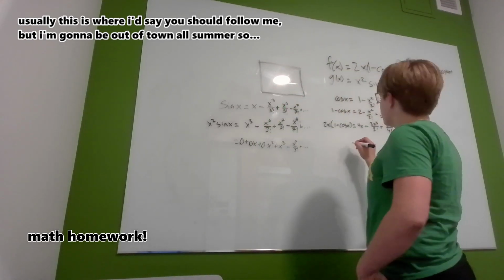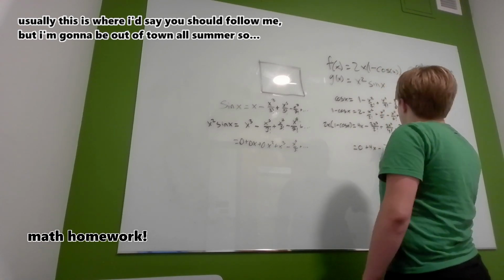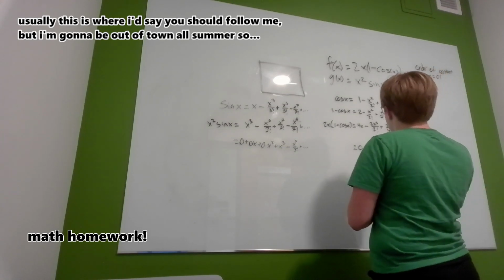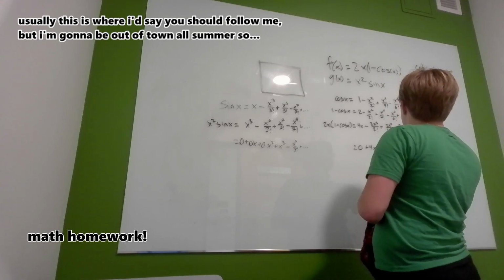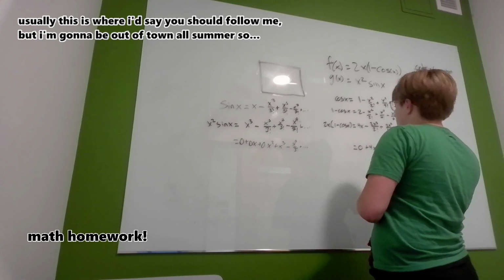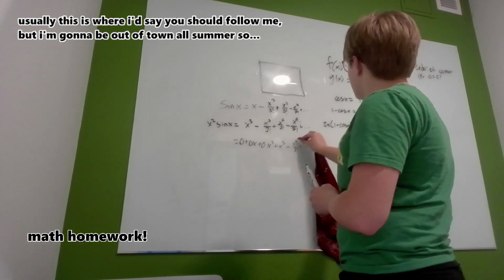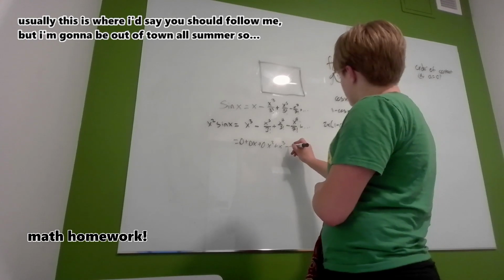And this equals 0 plus 4x minus, plus 0x squared, minus 2x. Just add the minus.